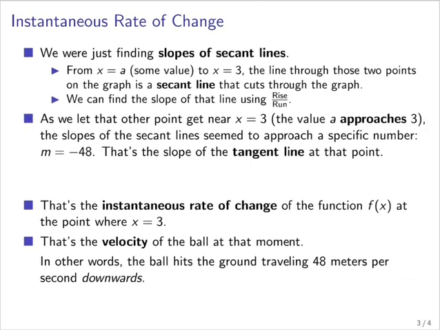And so in terms of what that function represents, what we just found is the instantaneous rate of change. By looking at a bunch of average rates of change and seeing what happened as the 2 points got closer together, we were really doing a limit. That's the major theme that we're investigating now, limits of functions. And so in the limit, finding that the numbers were approaching negative 48, that's the instantaneous rate of change of the function. That's the velocity of the ball right at that moment.